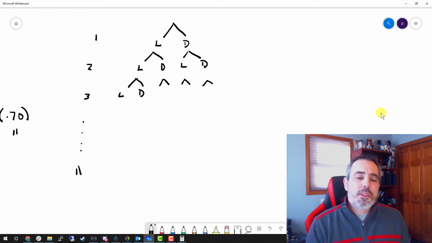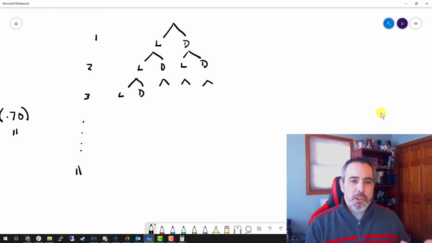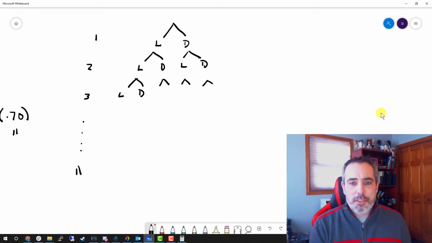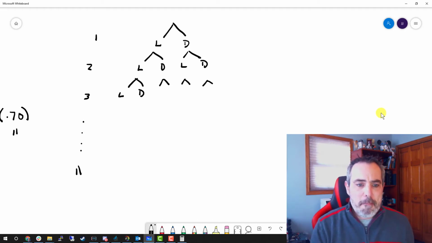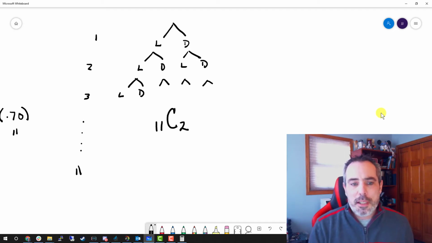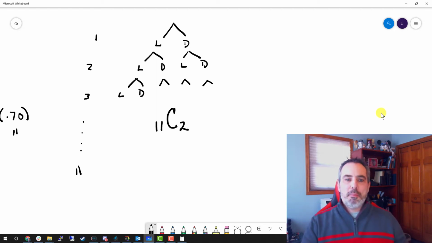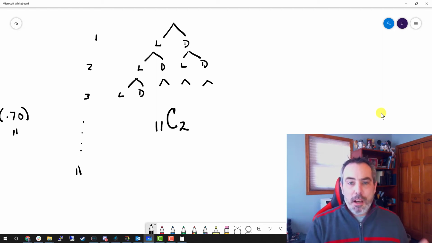And the problem would be each one of these branches is a different probability. So we talked about that in the previous chapter in using a combination of events. So I am basically going to say I want to take 11 insects and I want to choose combinations taken 2 at a time. How many different combinations could I come up with of 11 insects where they would die 2 at a time?